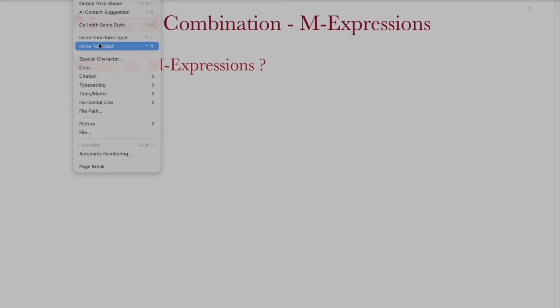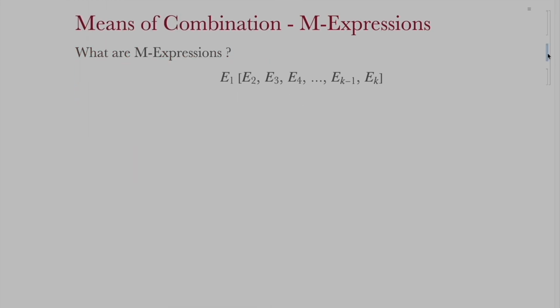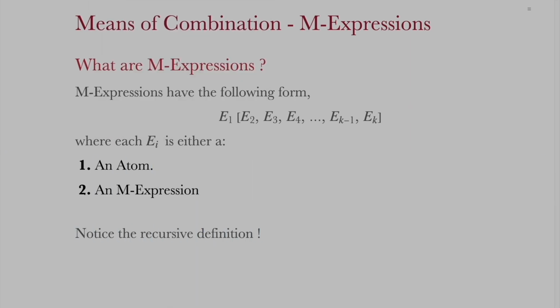By the way, all those primitives that I've talked about, in jargon, are called atoms. So we say those are atomic elements. Okay, now let's move to the means of combination. In Mathematica's case, all primitives or atoms are combined together in what are called M expressions.